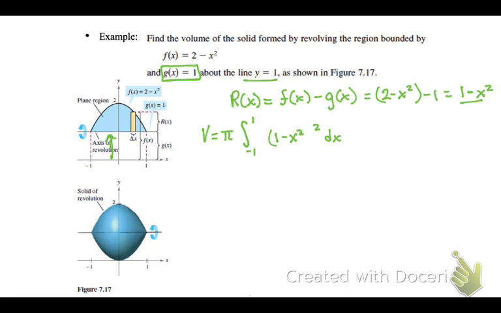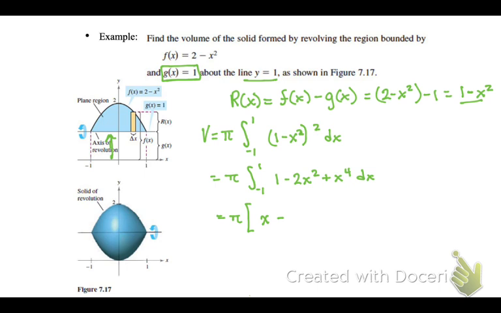You FOIL it. So pi of the integral from negative 1 to 1, we'd have 1 minus 2x squared plus x to the 4th, right? And now I just integrate. So pi, x, then x to the third.